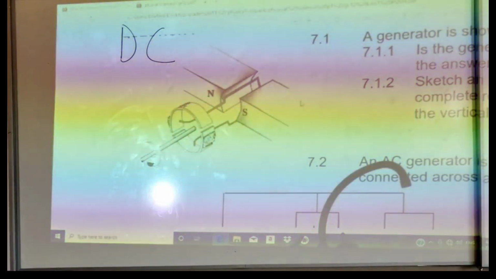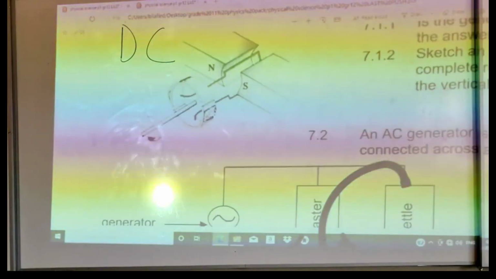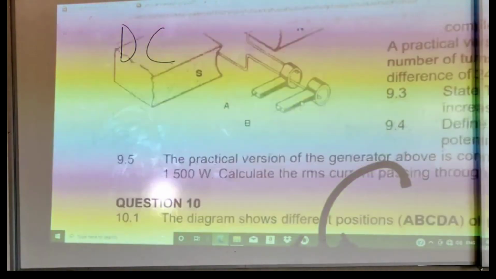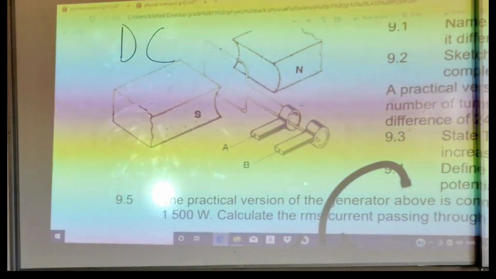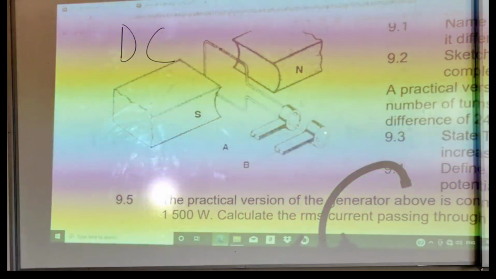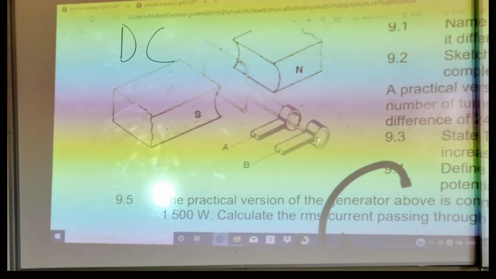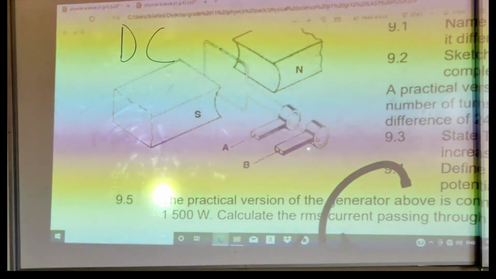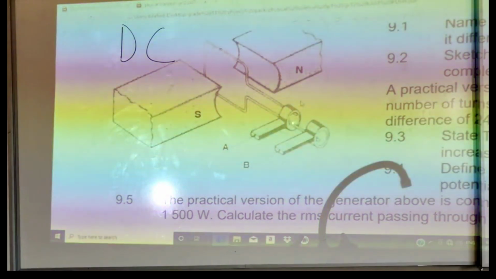So I hope you can see the difference between a slip ring and a split ring. Check this one. You can see that there are no gaps. This one does not have gaps. It is not split. It is continuous. Check this line. It's just a continuous ring without any split, without any gap.